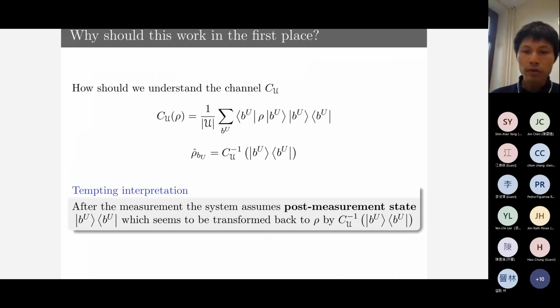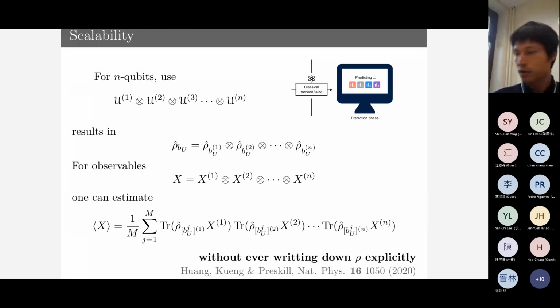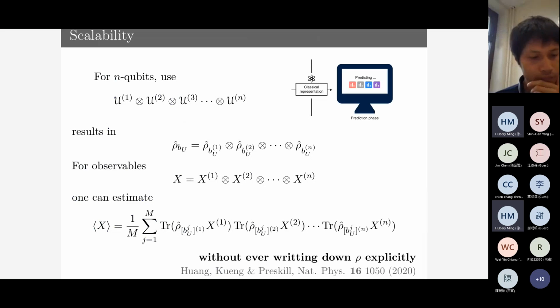Okay, now come back to the... Oh, yeah, you want to ask? May I ask a question? For the case where the x are not product states, they are linear combinations, what's the form? Is it the same way with linear combinations, or is it more complicated, right? Yeah, of course.